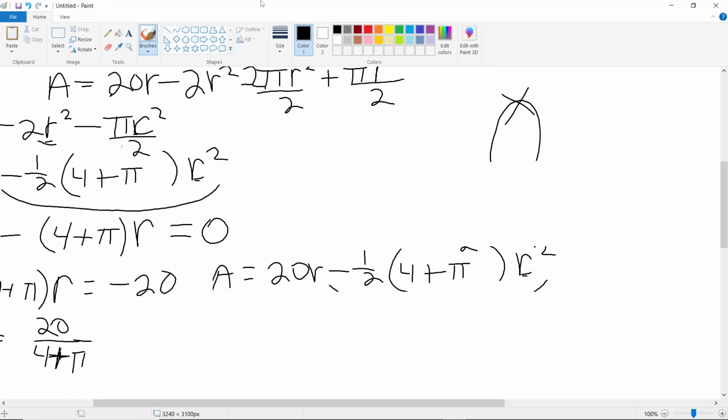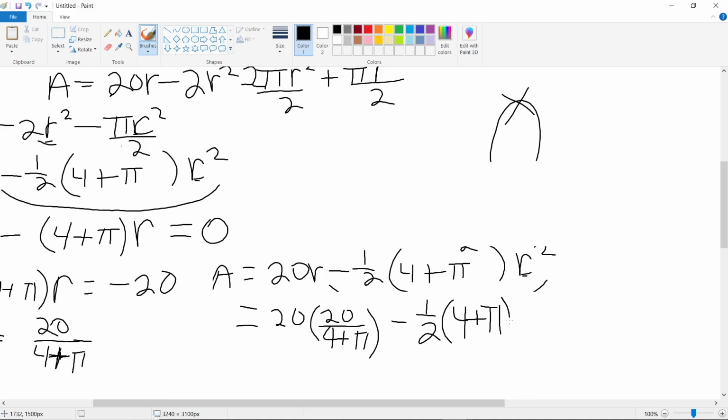All right, so I'm plugging in 20 over 4 plus pi for r. So the area equals 20 times 20 over 4 plus pi, minus 1/2 times 4 plus pi times r squared. R is 20 over 4 plus pi, so times 20. That's why I put the r squared separate, so that I could easily square it and not have any problems.